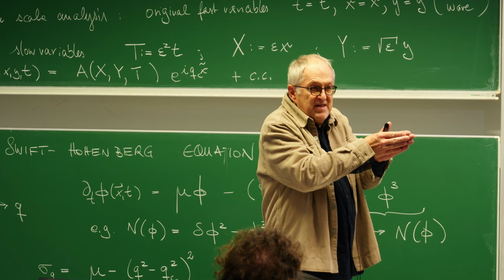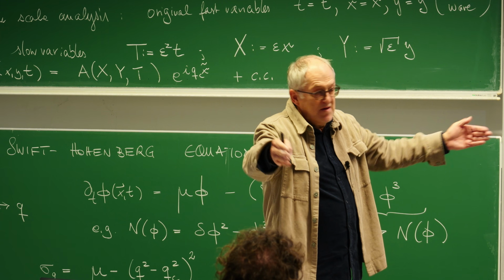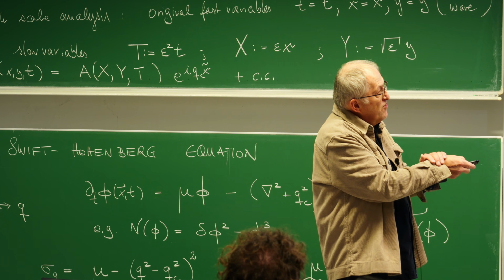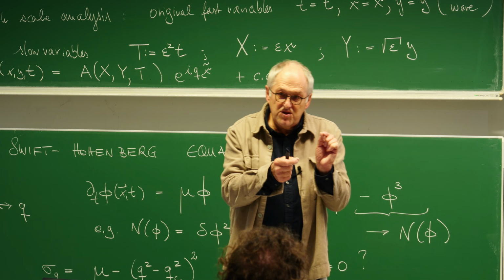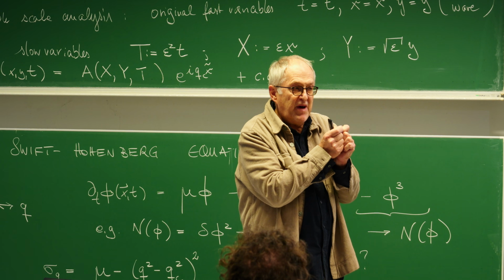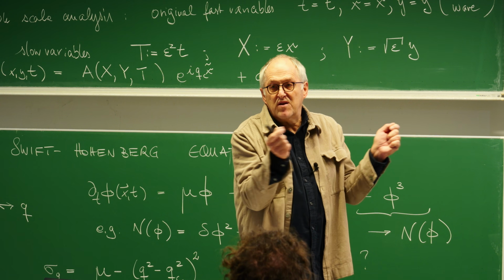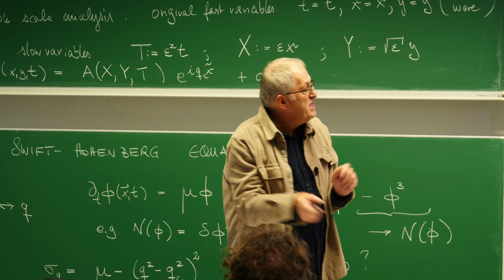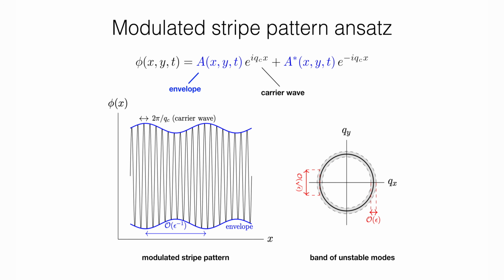That means I will get a separation of scales. Qc remains of order 1, but this deviation will become smaller and smaller, and that means the wavelengths that I'm adding become longer and longer. And I want to keep in the analysis not just the dominant wave, but also those modulations.